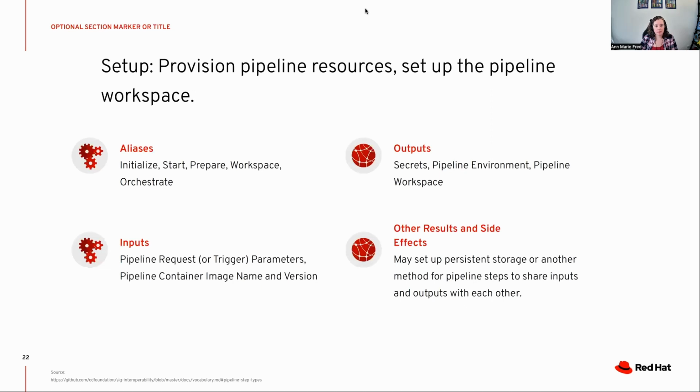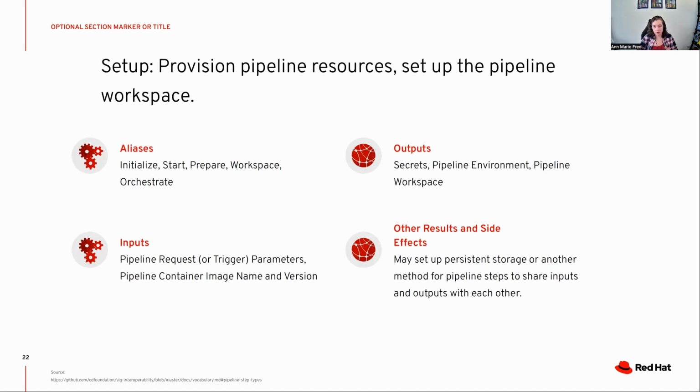Now, in the setup step, we're going to provision the pipeline resources and set up the pipeline workspace. Sometimes this is invisible to you because it's handled by the tooling. This is also called things like initialize, start, prepare, workspace, or orchestrate. And as an output of this, you're going to get your secrets ready for you to use, your pipeline environment, and your pipeline workspace.